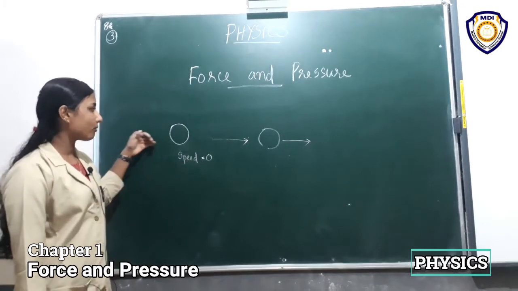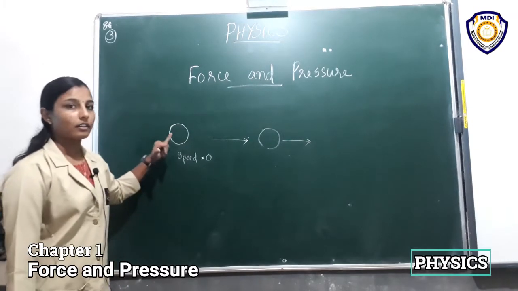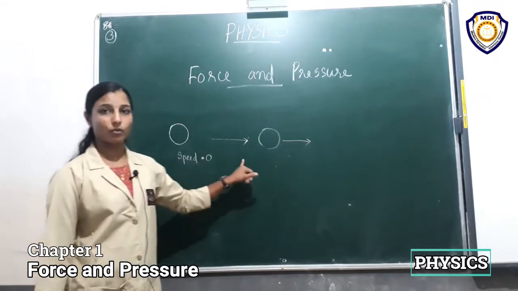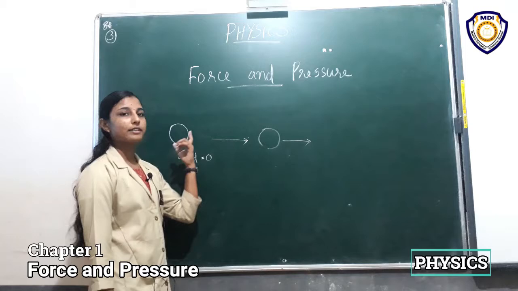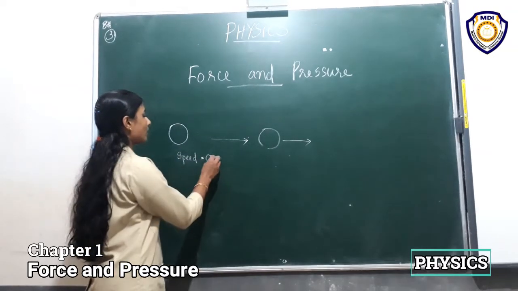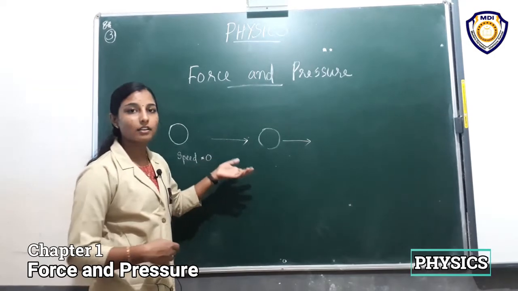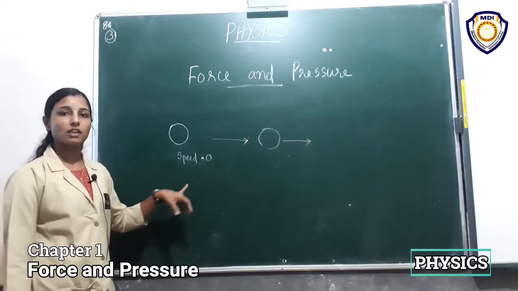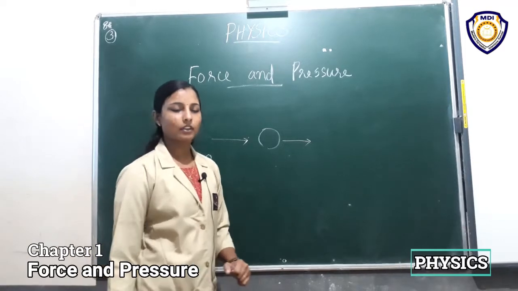When applying a force, this ball started to move, right? So the speed of this ball changes, right? The speed increases from 0 to some speed. When we apply a force, the speed of an object will increase so that it can move, right?